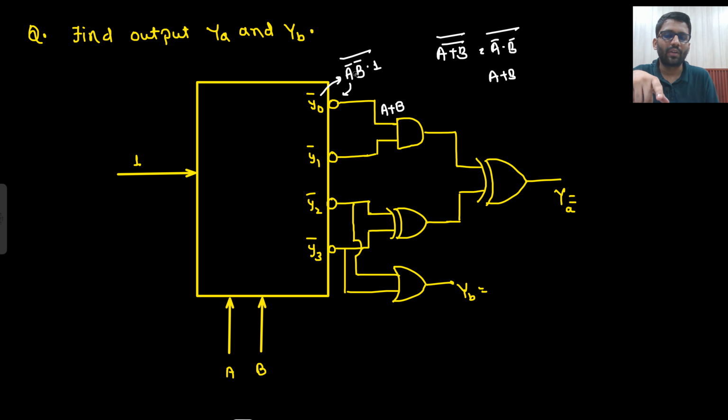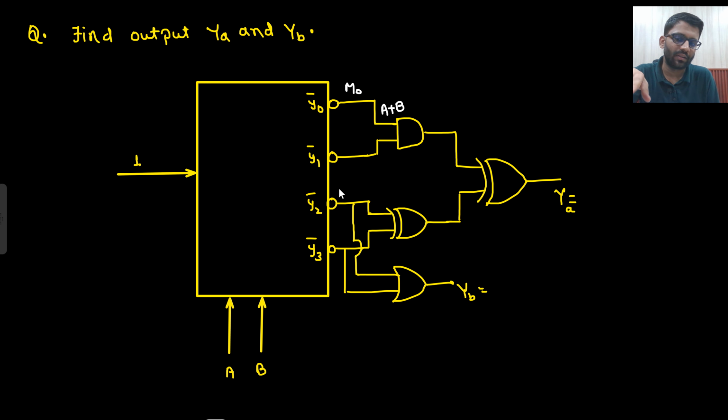How can you verify? This is your m naught only. So m naught plus I bar is there, and I is 1, so this is your m naught. What would this be? This would be m1, which is a bar plus b. Is it correct? 0, 1. Sorry, a plus b bar. A plus b bar.